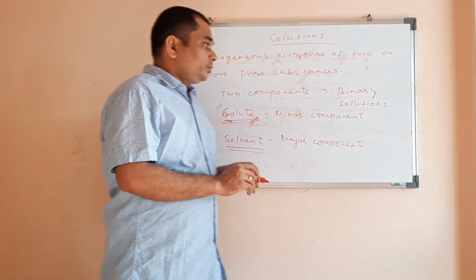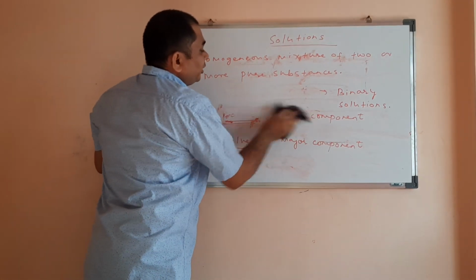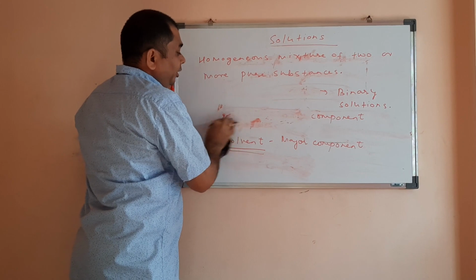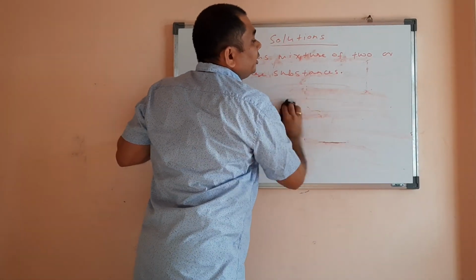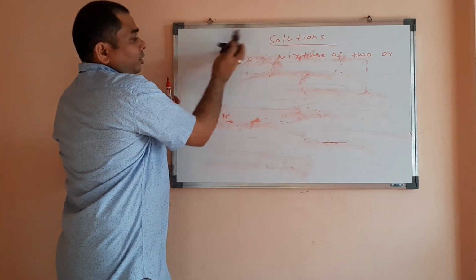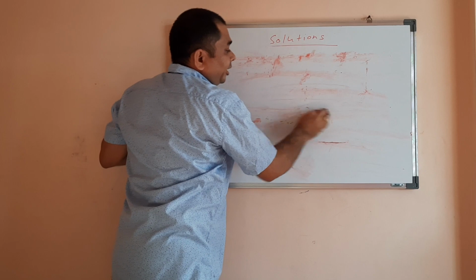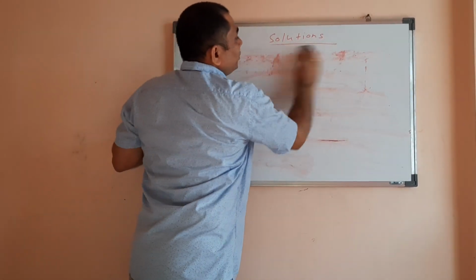Now as you know that this solute and solvent can be in any state. A solute can be solid, liquid or a gas. Similarly, a solvent can be solid, liquid or a gas. So therefore, based on the state of solute and solvents, we can have different types of solutions.